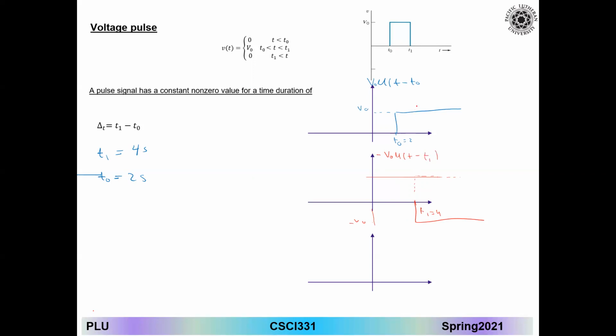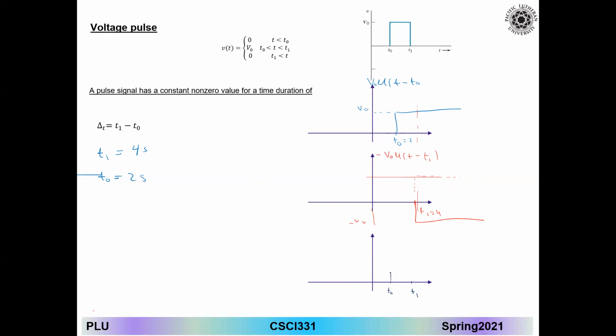Now, if I add those two signals together, 1 and 2, I will end up with the pulse that I expected. So it will be 0 for t less than t0. Then at t0, it starts with the first one, and once you hit t1, which in this case equals 4, after that we have negative V0 plus V0. They're going to cancel each other.